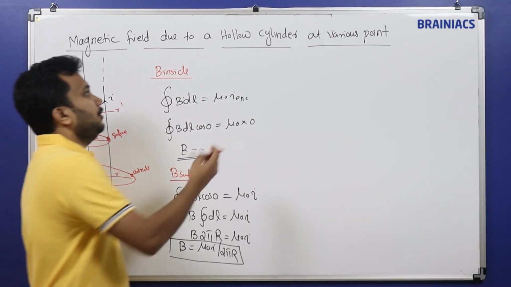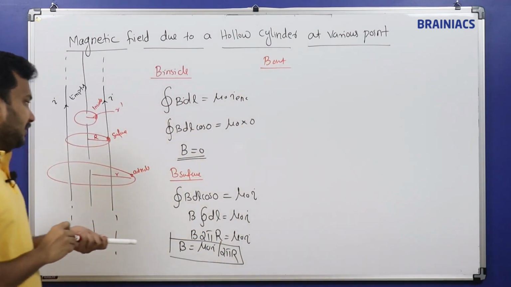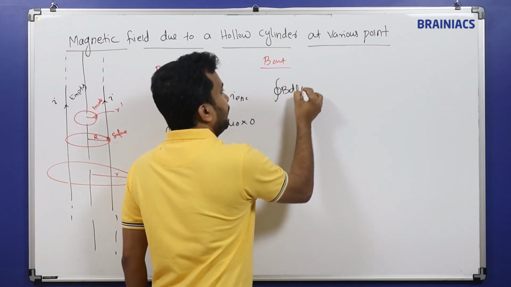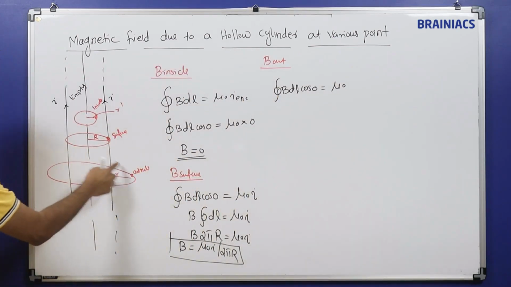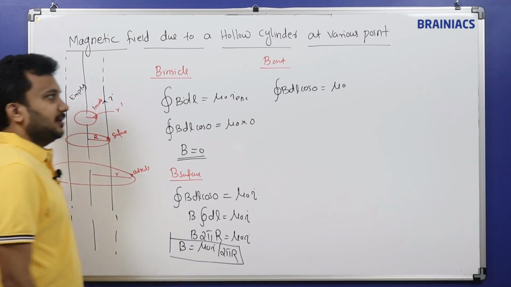This is the magnetic field intensity due to the surface, B equal to mu 0 I by 2 pi r. Now we are going to find the magnetic field at outside. Again, closed integral B dl cos 0 equals mu 0 times current. Within this red color, any current is passing? Yes, I is the current.